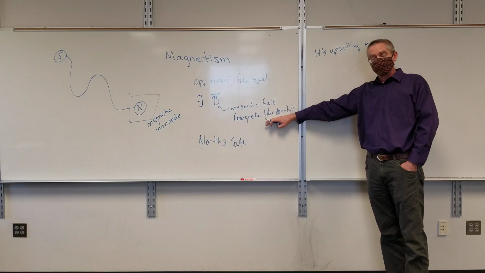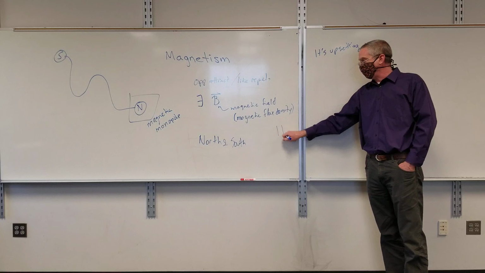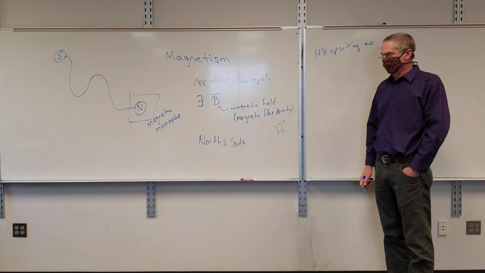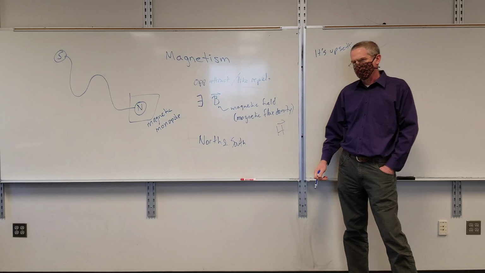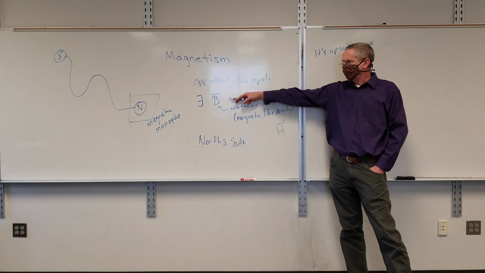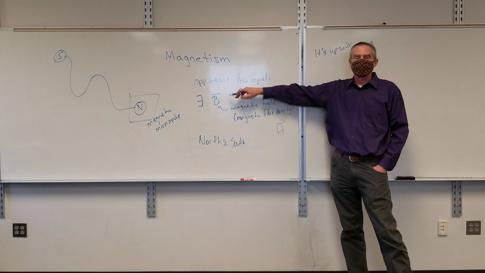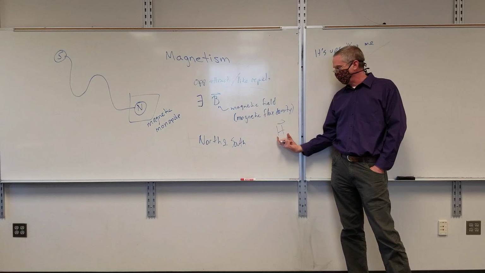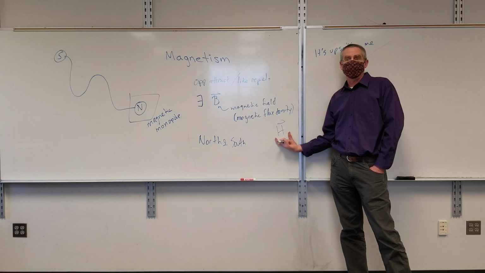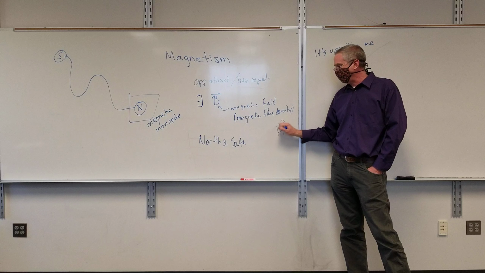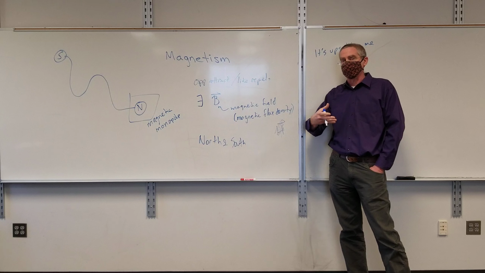They'll call it the magnetic flux density, and they'll use the letter H for magnetic field. Whether B is called the magnetic flux density or magnetic field, it's the exact same thing. Some textbooks decide that H is really the magnetic field. They are related. We do not get into this, but you might run across it at some point.